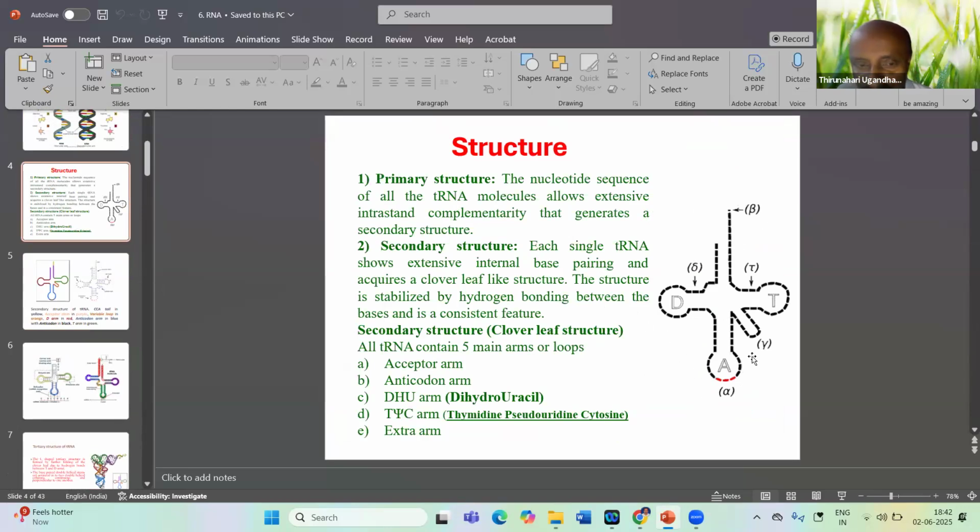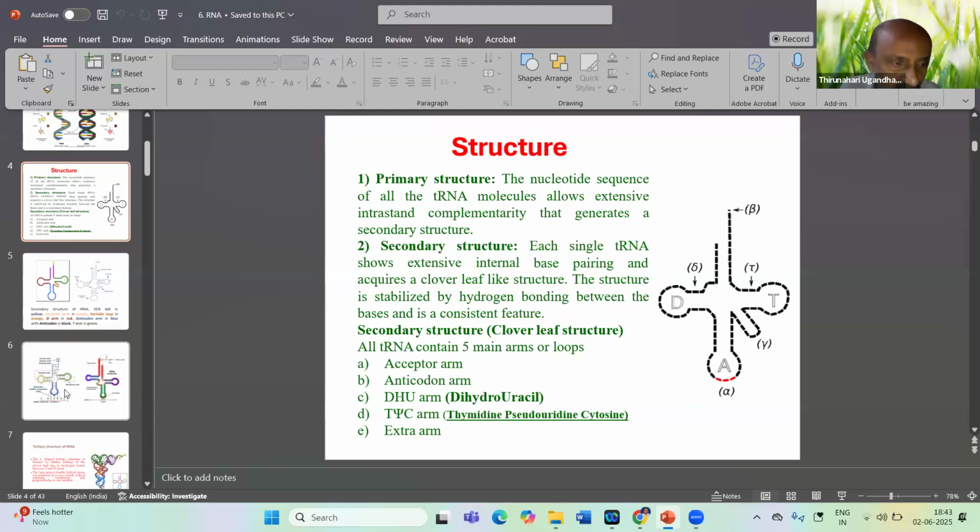All tRNA contains an acceptor arm, an anticodon arm, the T arm with the thymidine part, and the D arm, where D stands for dihydrouracil. Then there is the extra arm.